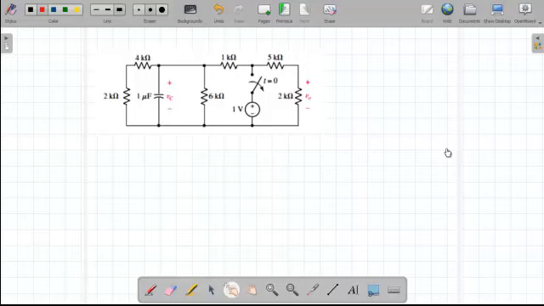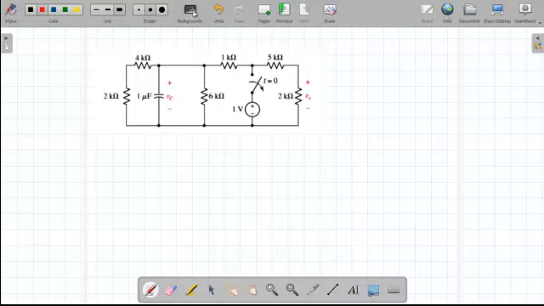So here we say that VO at 0 minus, when this was closed, will be a voltage divider. The 1 volt will be divided onto these two resistors, one resistor, two resistors. So we just do a voltage divider.